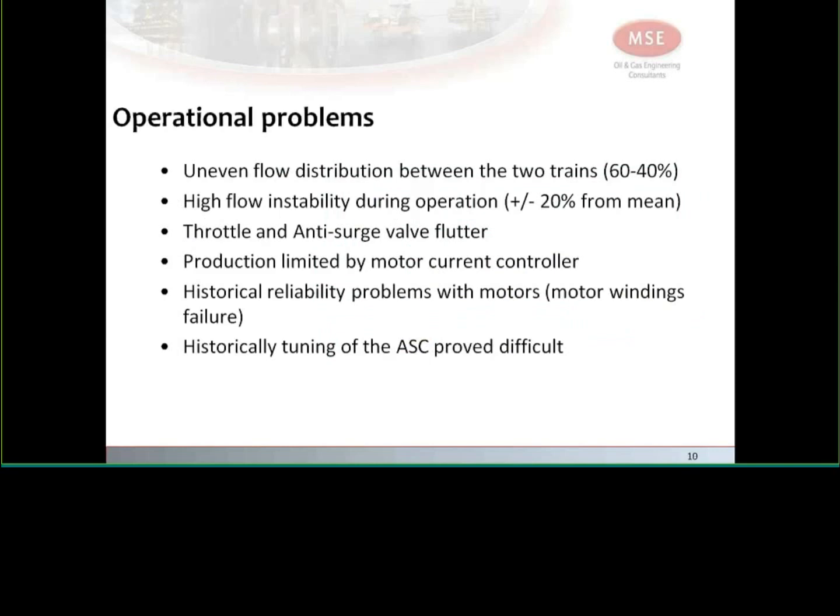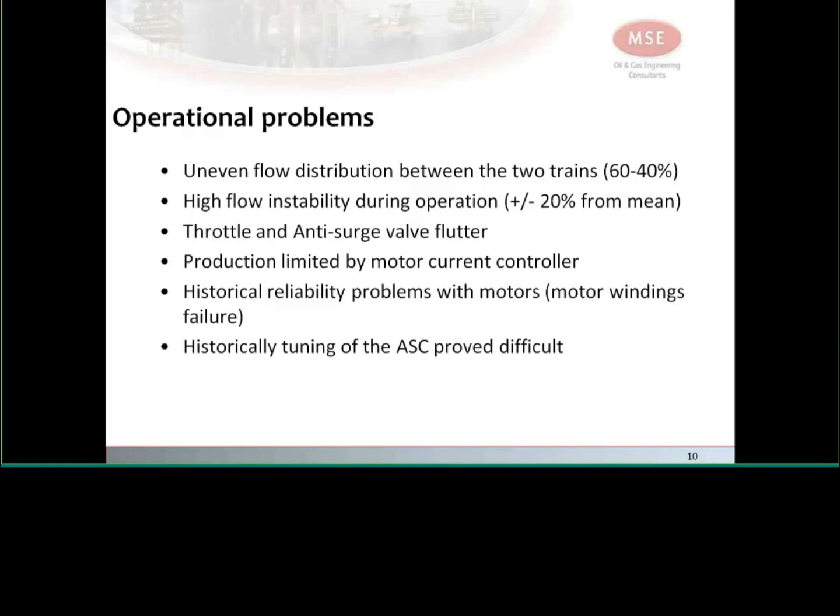And so the problem that they were facing is, as in many other facilities with identical or parallel operation of trains, that the flow is not evenly distributed between the 2 trains. In this case, there was a split of around 50 to 40%, but there was also an observed high flow instability during the operation, that ranged from plus and minus 10% from the mean flow.